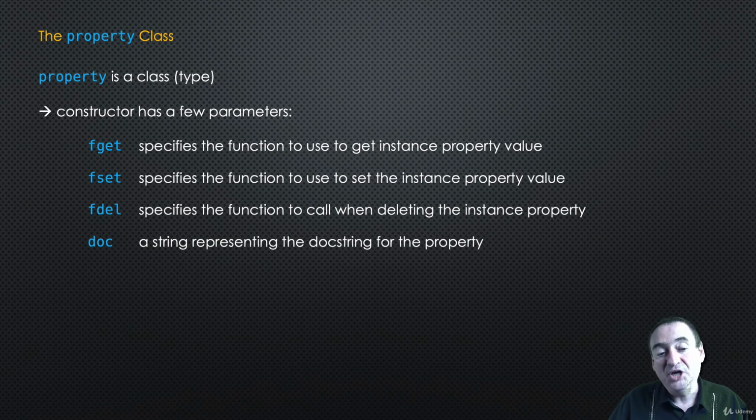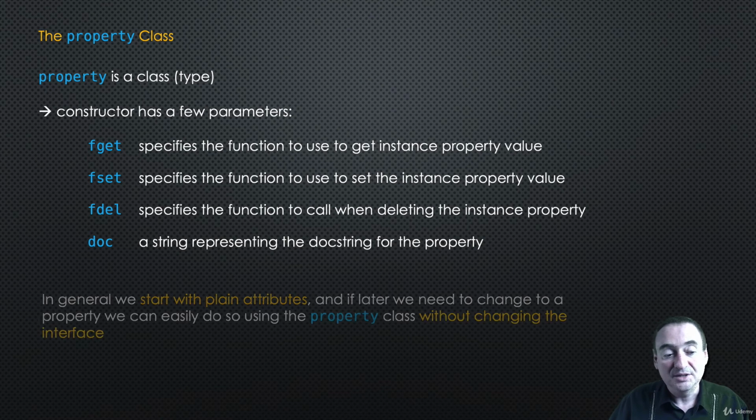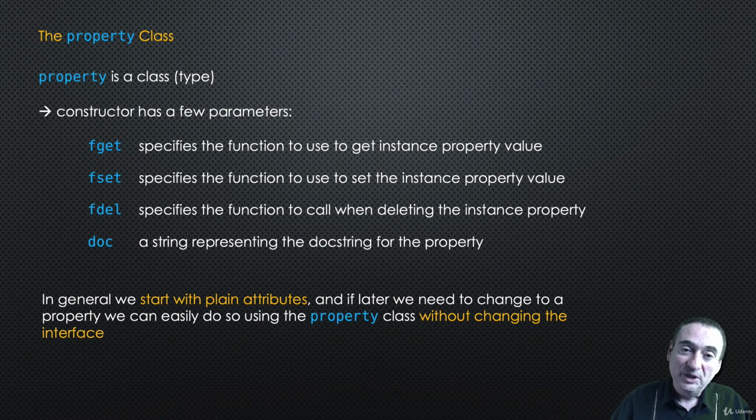And then we also have doc, which allows us to specify a doc string for that particular property. So that later on, if you call help on your class, you'll get some help for that particular property displayed there. So in general, again, we start with the plain attributes, and if later we need to change to a property, we can do so by using the property class without changing the interface.